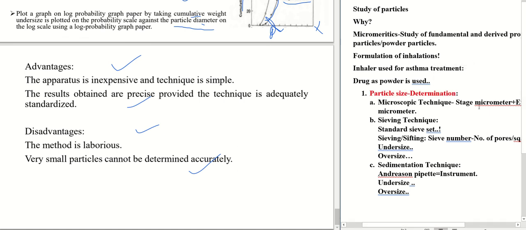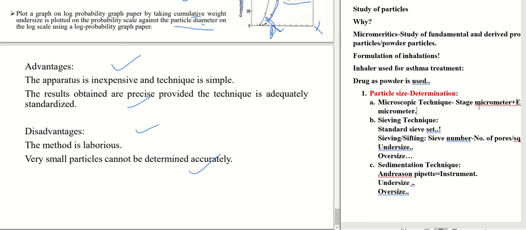We have the microscopic technique, sieving technique, and sedimentation technique. Each technique is used for a particular particle size range, and they have their own advantages and disadvantages. It is very important for a pharmacist to know which technique is used for which particle size range. So this is for this lecture.